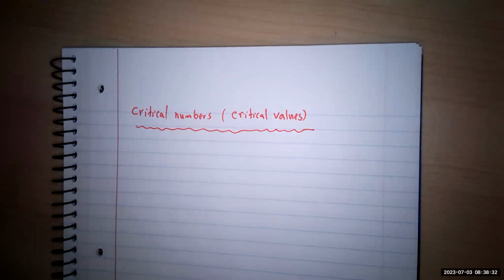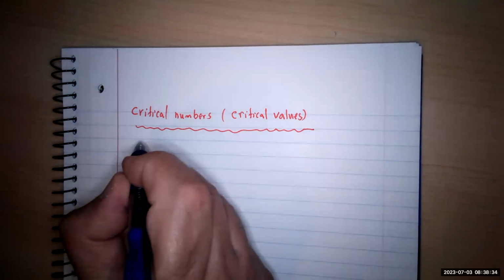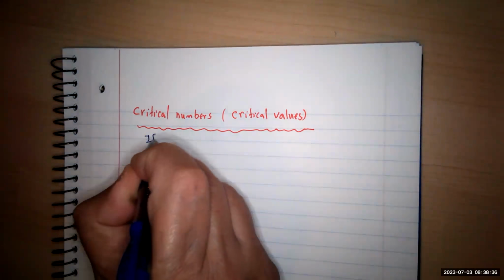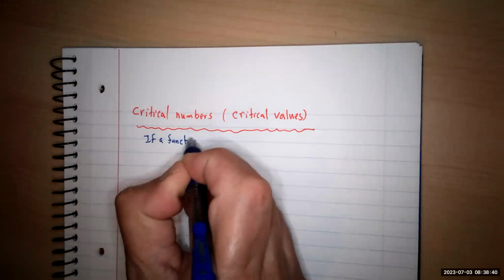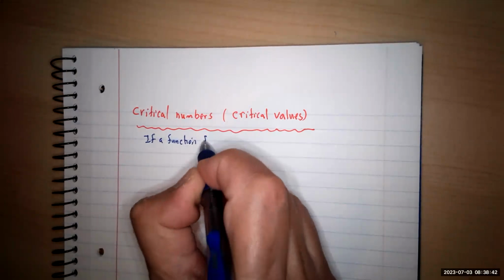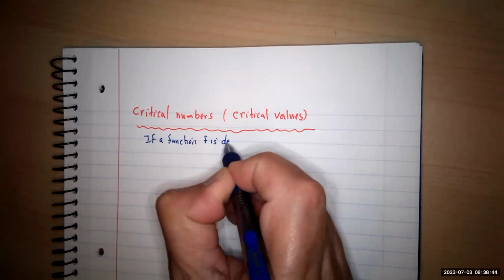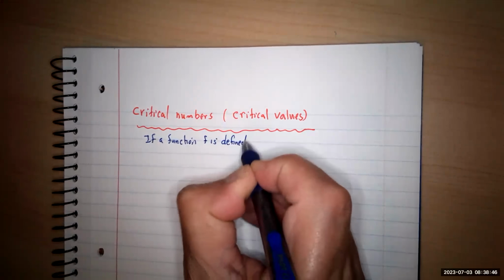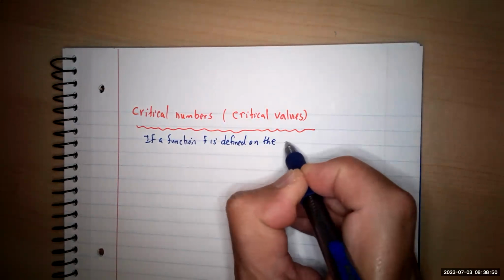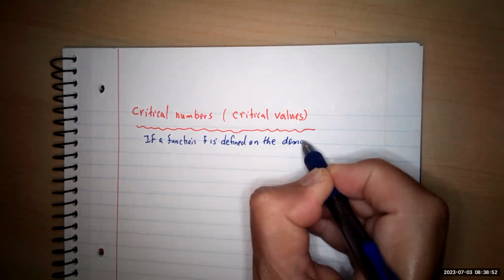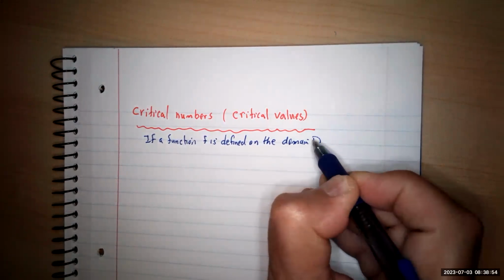So what are these numbers? The ones that we talked about, the result of the Fermat theorem. If a function f is defined on the domain D, you have to find the domain first. On the domain D, this is your function.